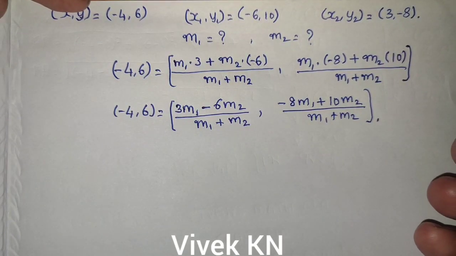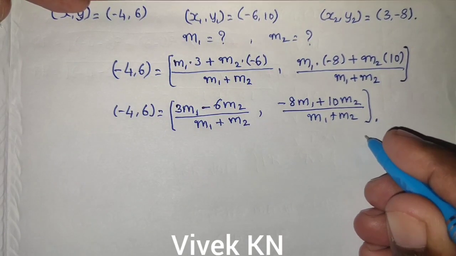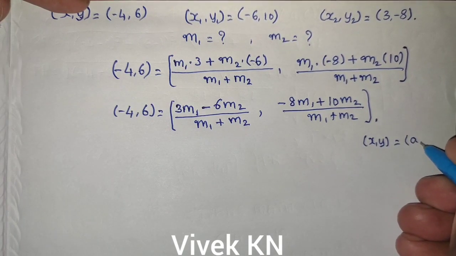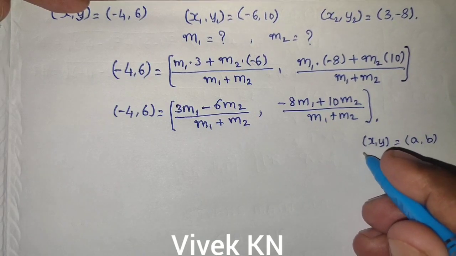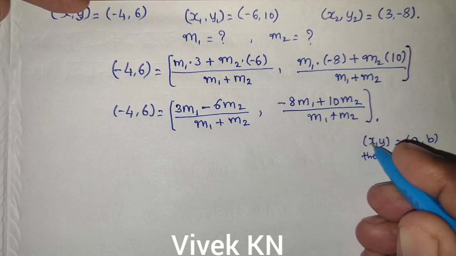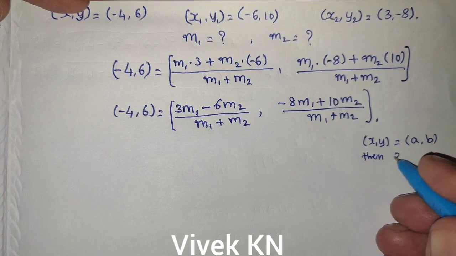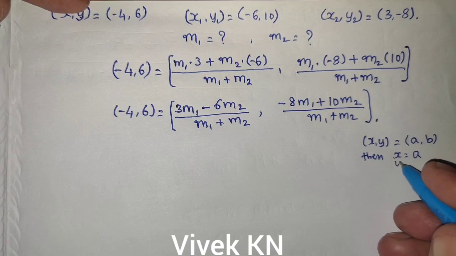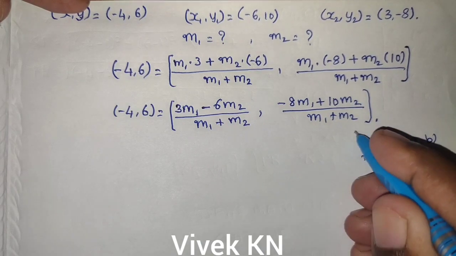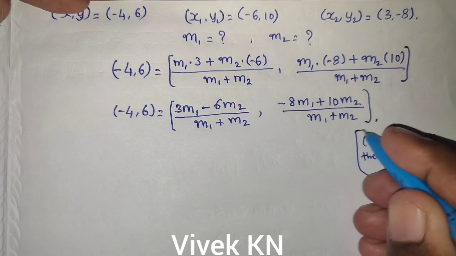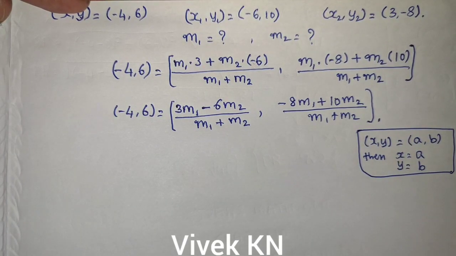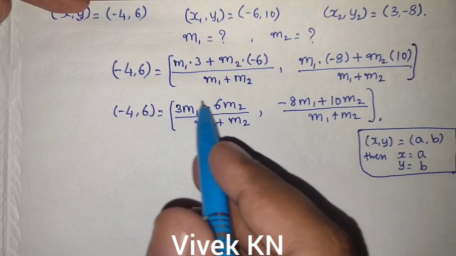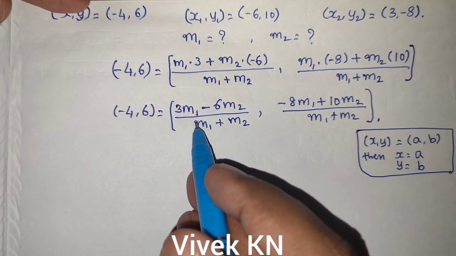Here we have to recall that if (x, y) is equal to (a, b), then x will be equal to a and y will be equal to b. In the same way, we have to equate this x and the x coordinate of the line segment AB.